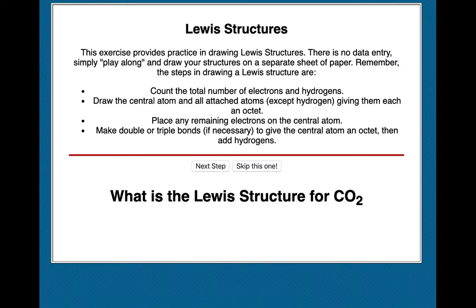Here we're looking for CO2, carbon dioxide. First thing, we're supposed to count the total number of electrons and the total number of hydrogens. Well, there are no hydrogens. That's obvious. Electrons. We look at our periodic table.